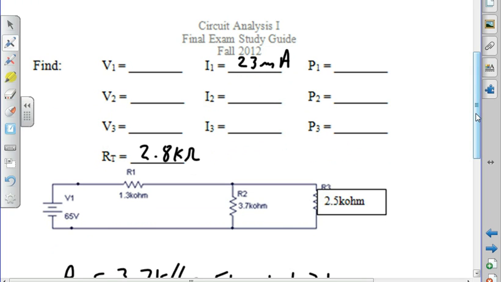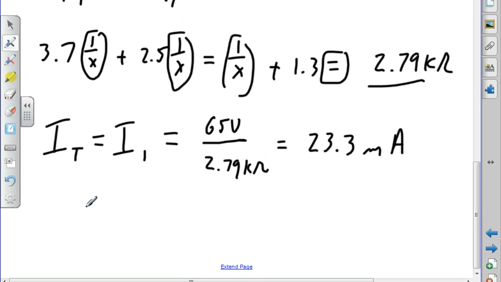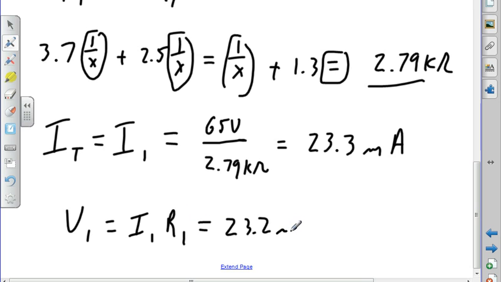Okay, I'm going to take my 23.3, I'm going to multiply it by 1.3K to find the voltage. So voltage 1, current 1, resistance 1, 23 milliamps times 1.3K.